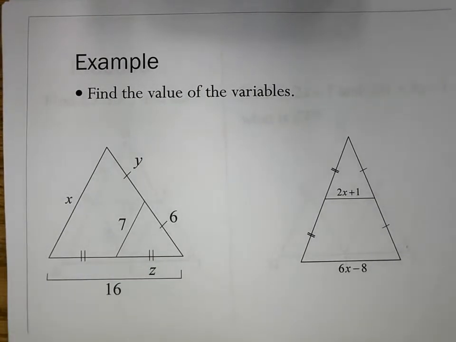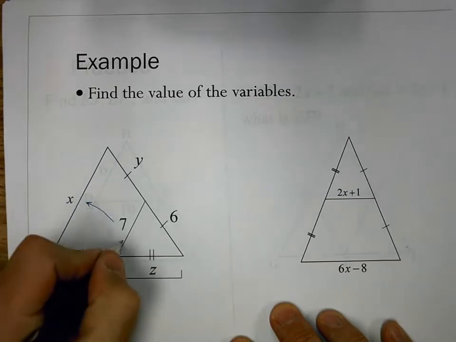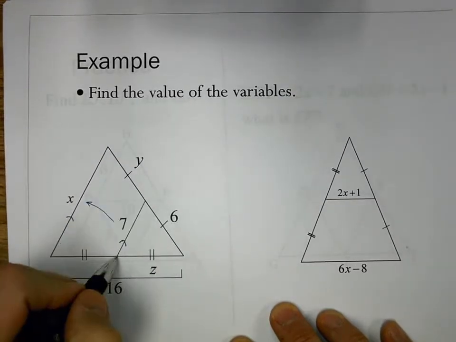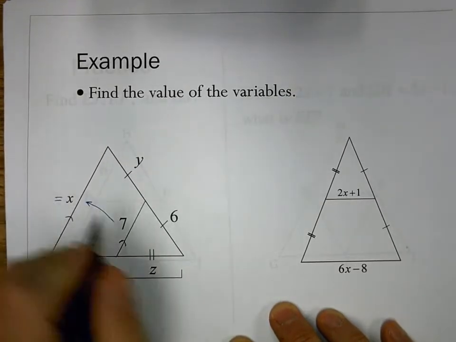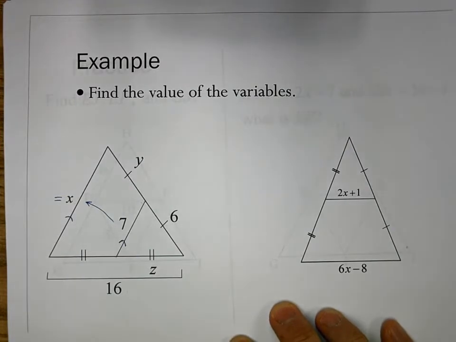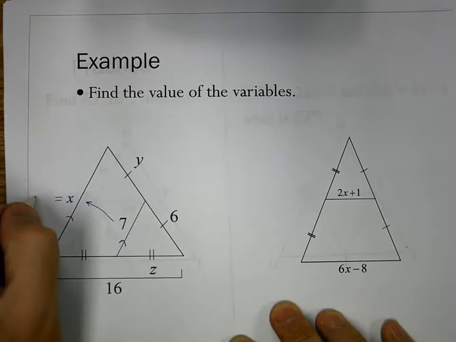In the first one, they've given us just a basic mid-segment. We need to find x, y, z. And in the second one, we need to solve for x. So, if we look at it, we have 7 as the mid-segment, and x is the side it's parallel to. We know these are parallel because it's meeting at midpoints. So, to get x, we would double the 7, and it would be 14.